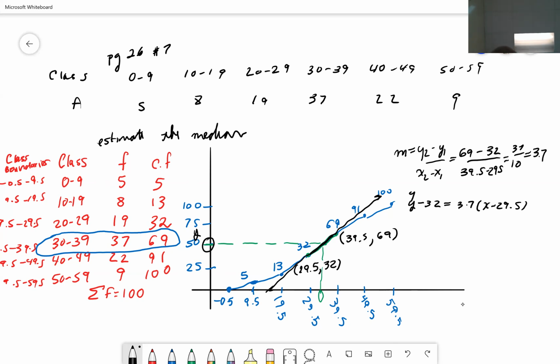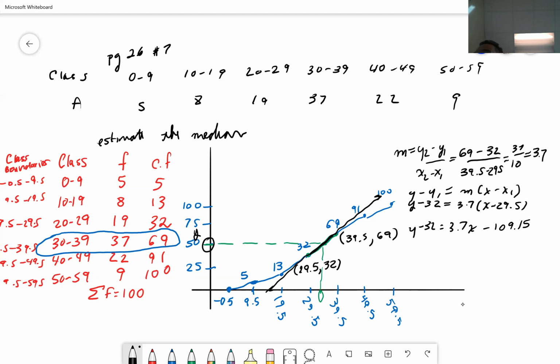Remember, this is y minus y1 equals m times x minus x1. So you have y minus 32 equals 3.7x minus 109.15.